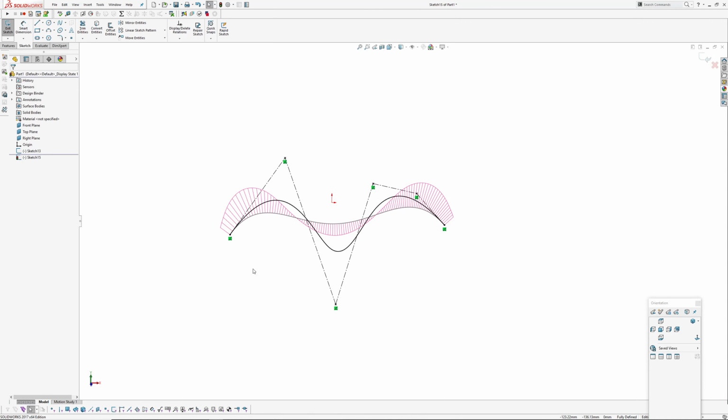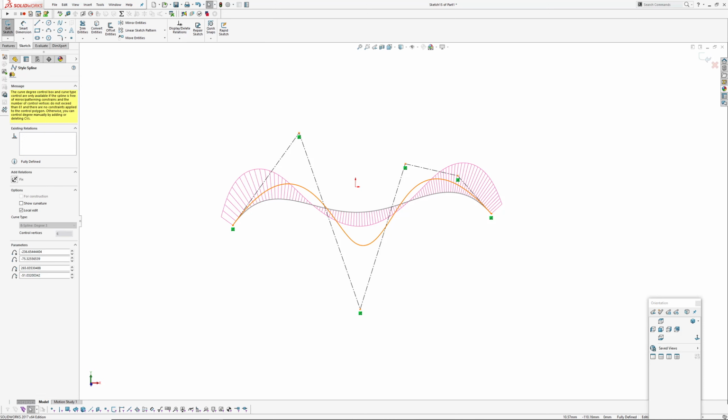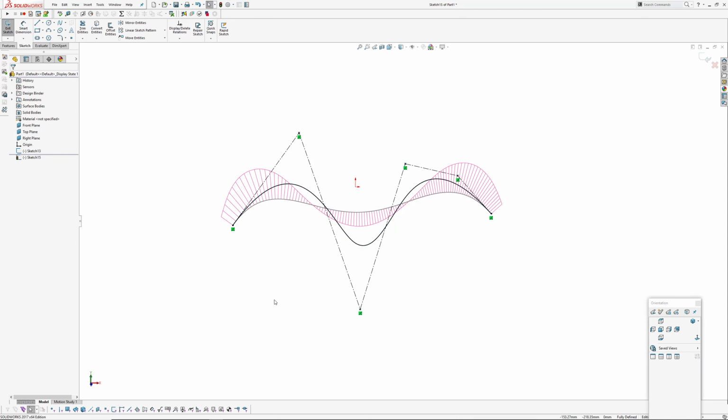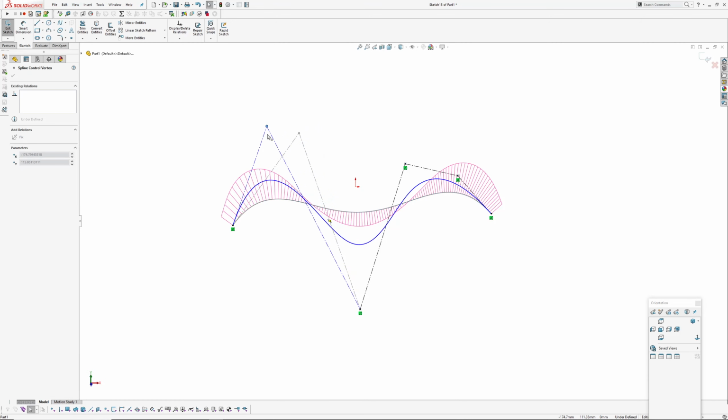The reason behind that is with the multi-span curve here, it's basically segments of degree 3 curve, which means if I get this point here and move this around, you notice this end of the curve basically staying completely still. It's not moving at all.